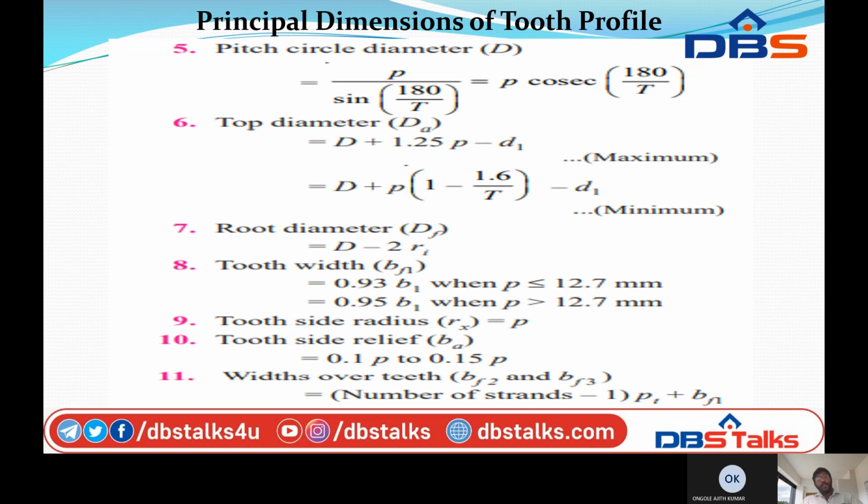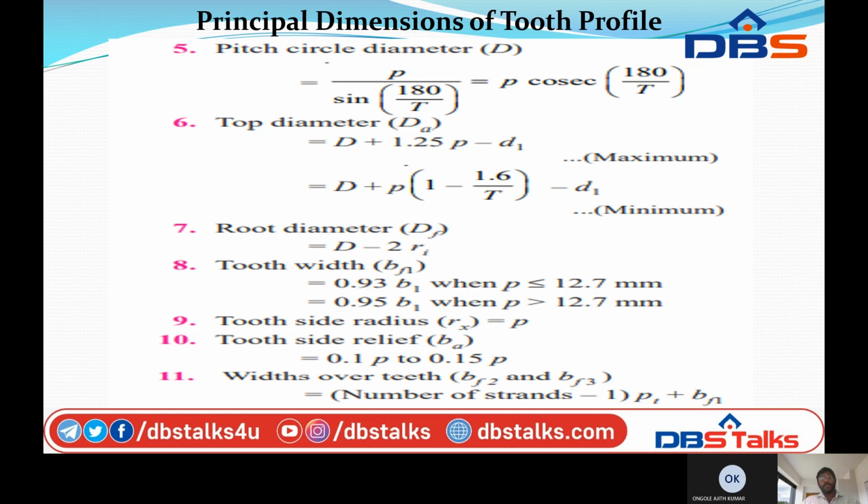Next, the pitch circle diameter D is equal to P by sine of 180 by T, that is equal to P into cosecant 180 by T, since 1 by sine theta is equal to cosecant theta. That's why P cosecant 180 by T.